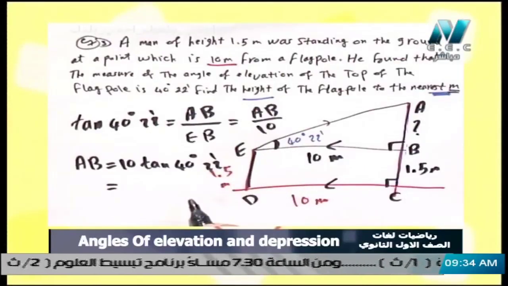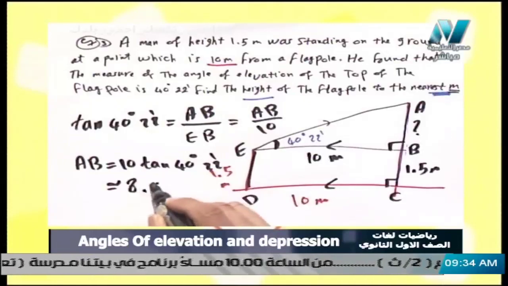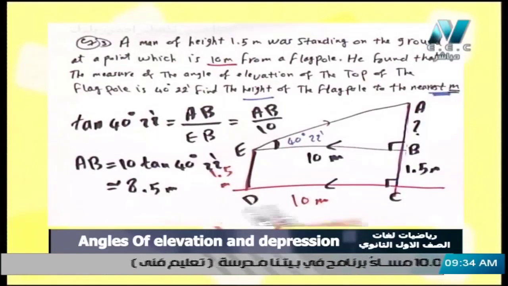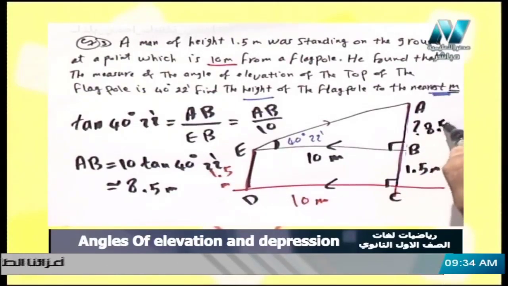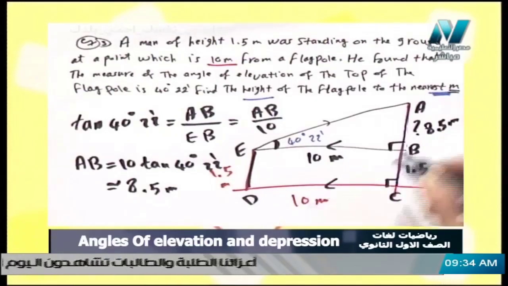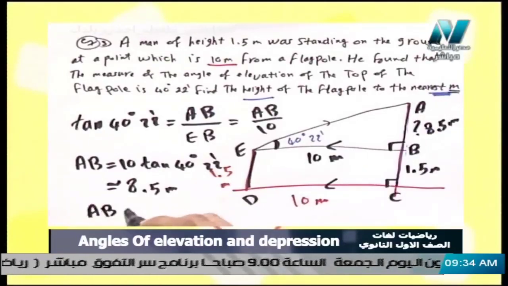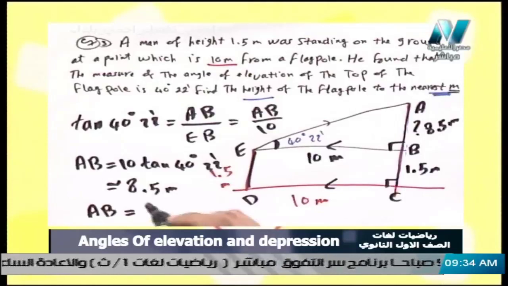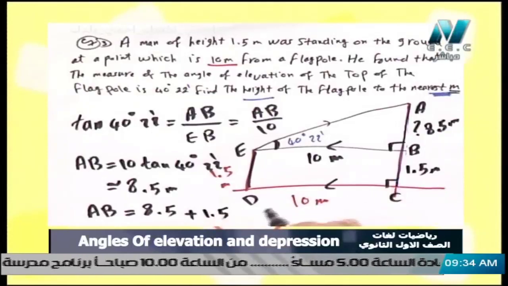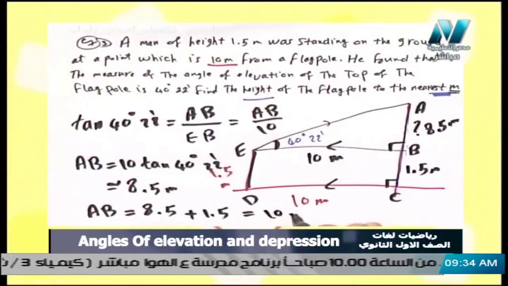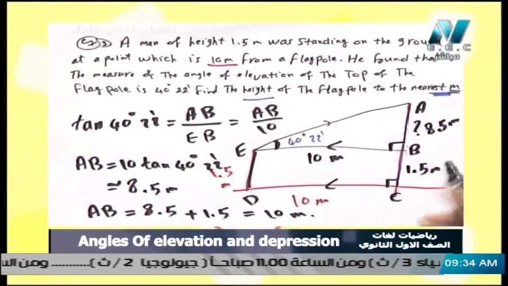So the length of AB equals approximately 8.5 meters. So the total height of the flagpole equals 8.5 plus 1.5. The final answer will be 10 meters. So the height of the flagpole here equals 10 meters.